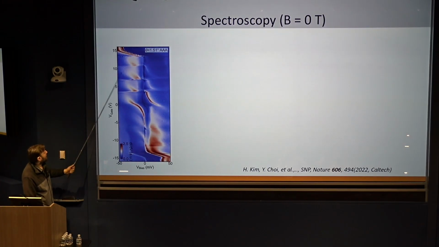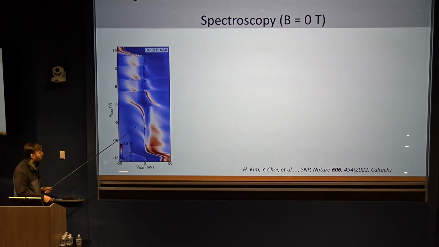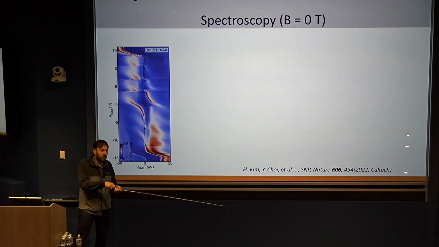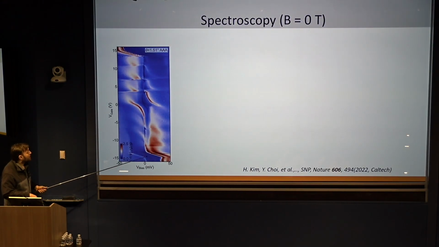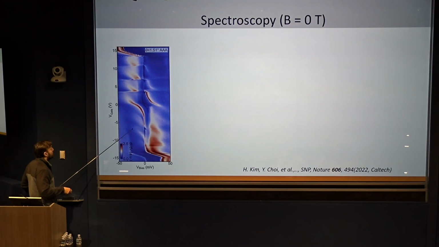On the y-axis here is the gate voltage. You control the density of electrons. On the x-axis is your bias. That's the energy of electrons that you are either putting into the TBG or pulling out of TBG. And what you see here is that if you go from a very positive filling factor, your flat bands are way below the Fermi level.